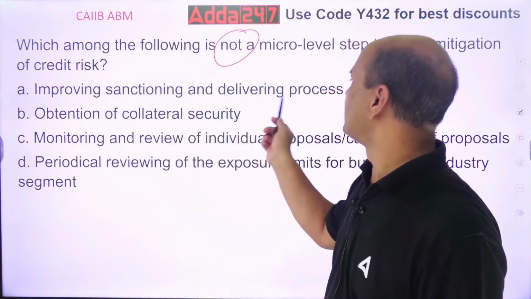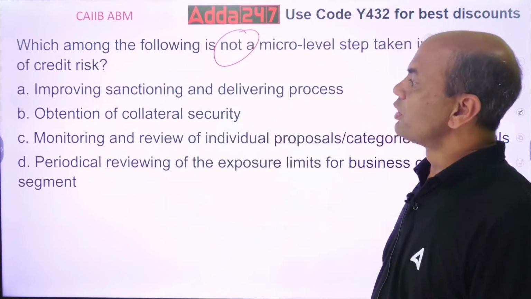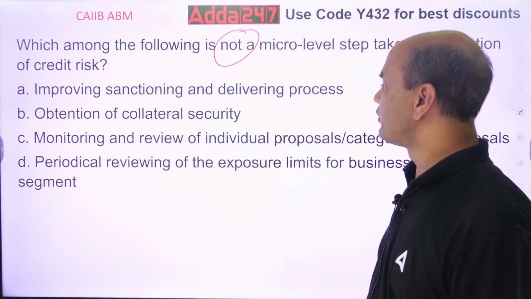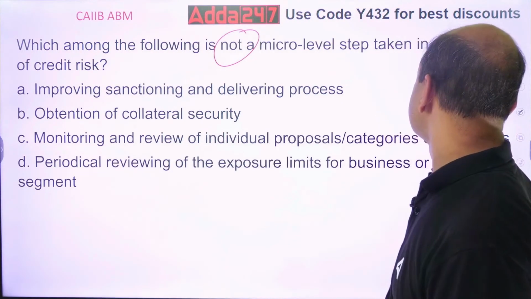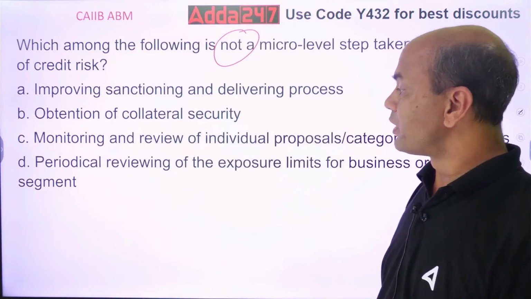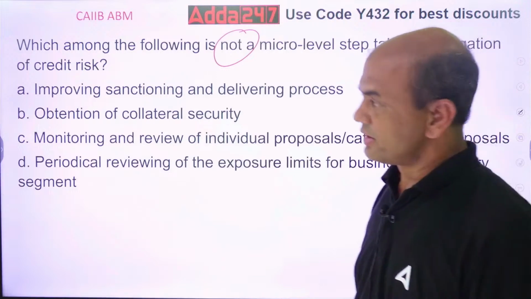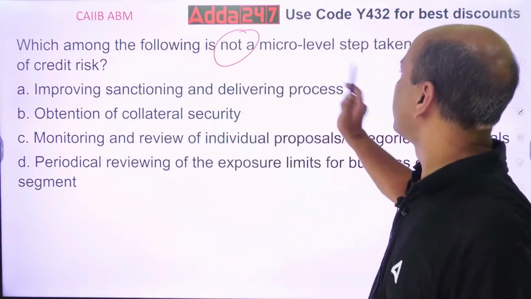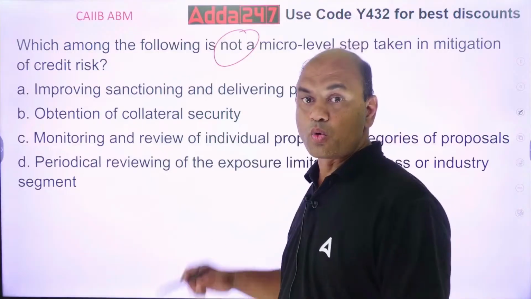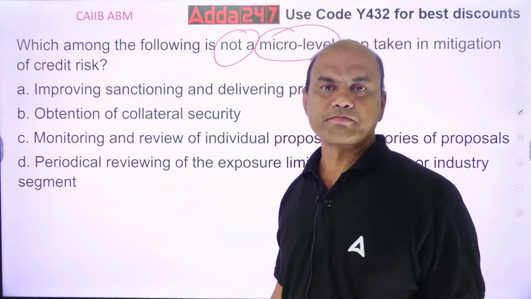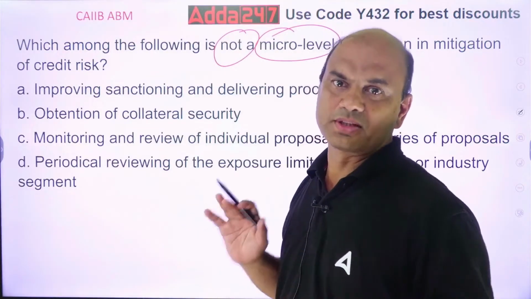Improving sanctioning and delivering process. Obtention of collateral security. Monitoring and review of individual proposals, categories of proposals. Periodical review of exposure limits for business or industry. Which of them is not a micro level step? Micro. What is micro? Kindly note, in banking there are two levels.